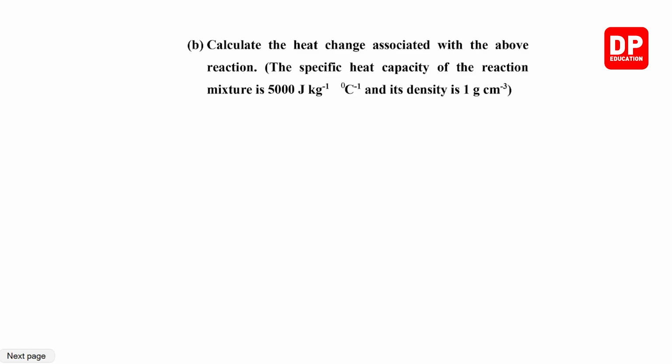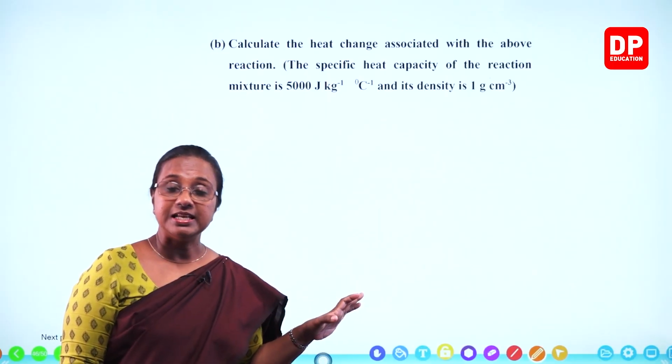Part B. Calculate the heat change associated with the above reaction. The specific heat capacity of the reaction mixture is 5000 joules per kilogram per degree Celsius, and its density is 1 gram per centimeter cube. So why do we need the density?